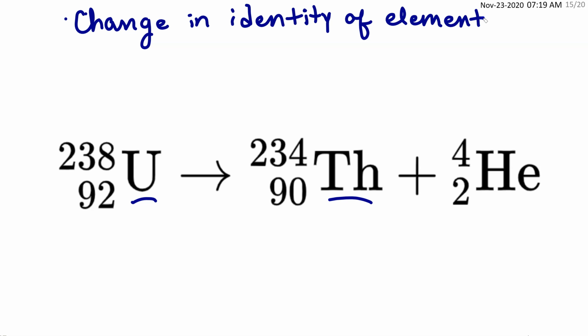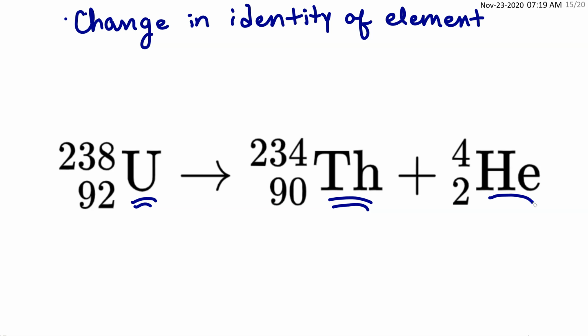Now, we get something new. Like I said, we start with uranium in this case, and we end up with thorium and helium. This particular type of reaction is called alpha decay, and we'll talk about that in a moment.